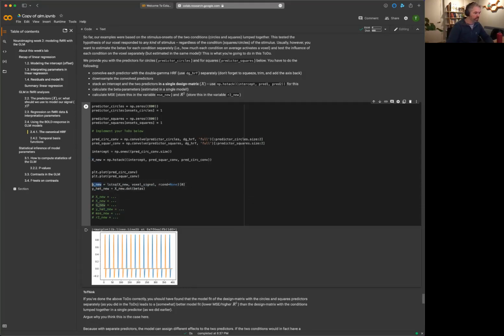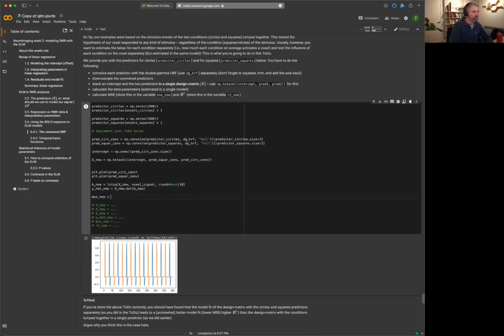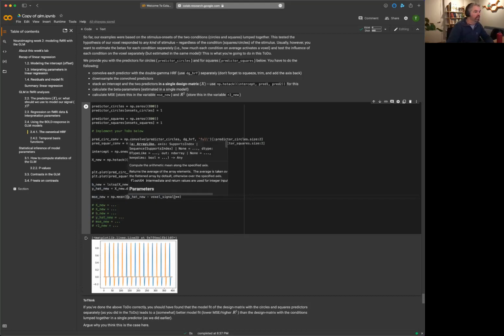Okay. I don't know. And again, of course, MSE new is that squared error. So that's y hat new minus voxel signal squared and meaned, right? So that is np.mean of that thing.